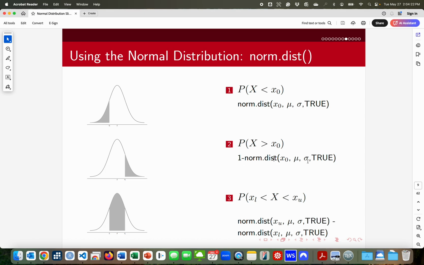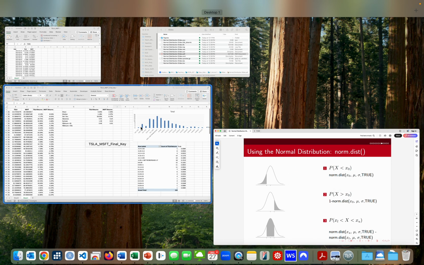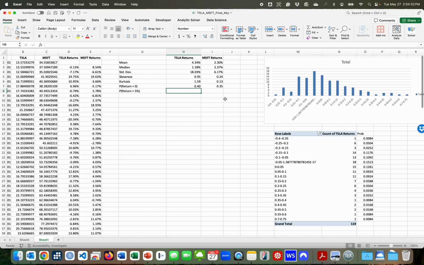But notice we have to do 1 minus the norm.dist, because norm.dist is going to give us this area to the left, we have to subtract that from 1 to get the area under the curve to the right. So this is going to be equal to 1 minus norm.dist, 5%, when the mean is H2 and the standard deviation is H4, comma, true.